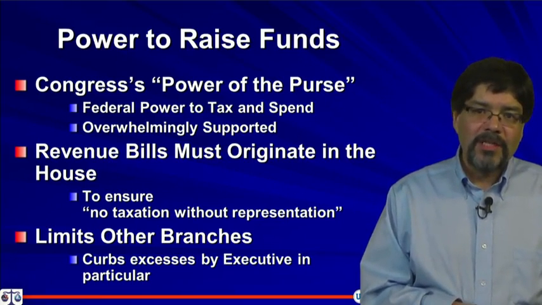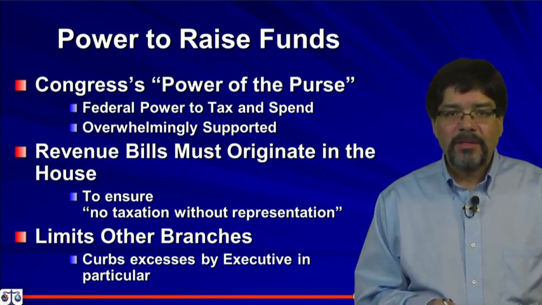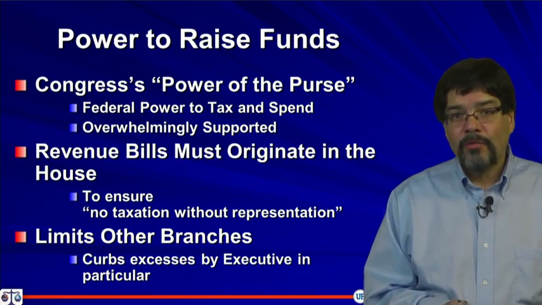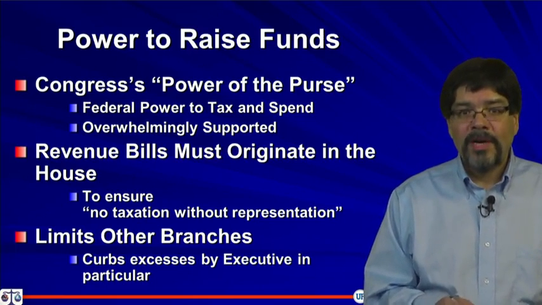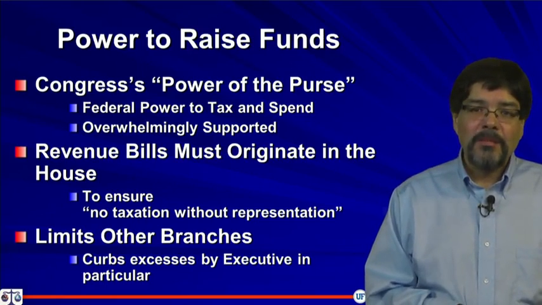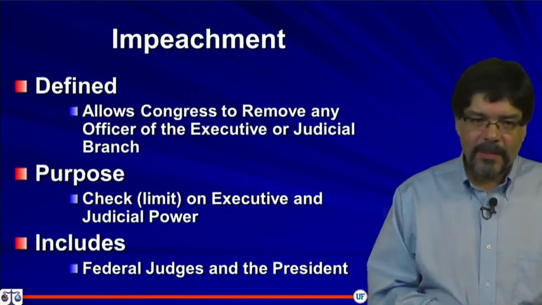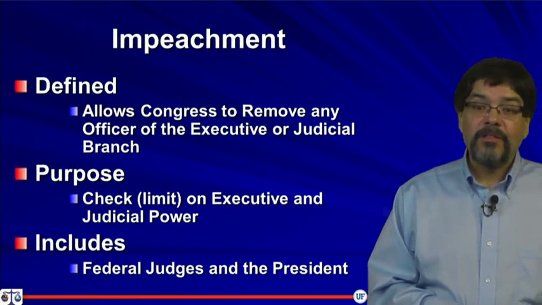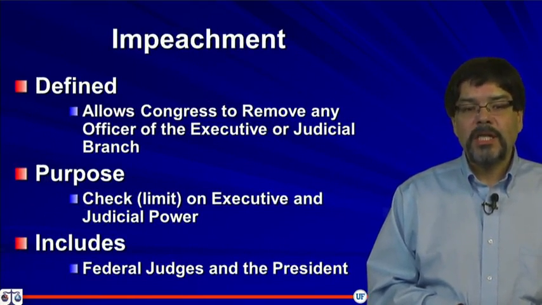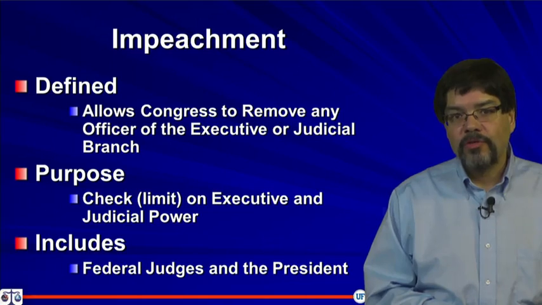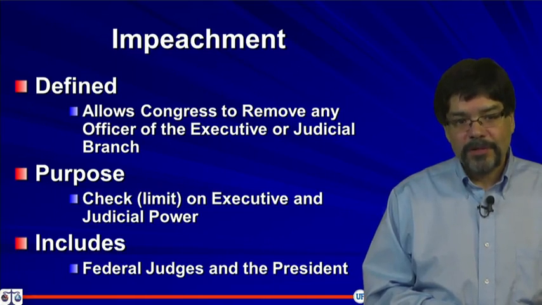This also limits the other 2 branches of government. The fact that the legislative branch is required to authorize budgets, to authorize spending, is a limitation on what the executive and the judiciary can do. The Congress also has the power of impeachment, meaning that they may remove any officer of the executive or judicial branch by a vote.